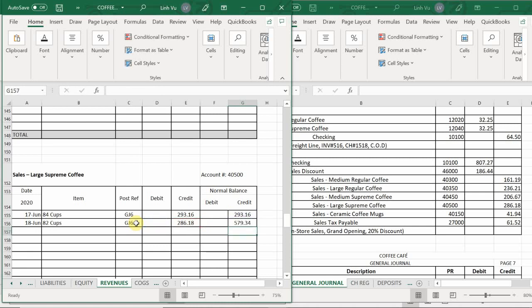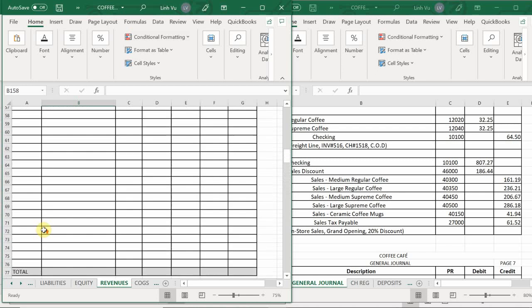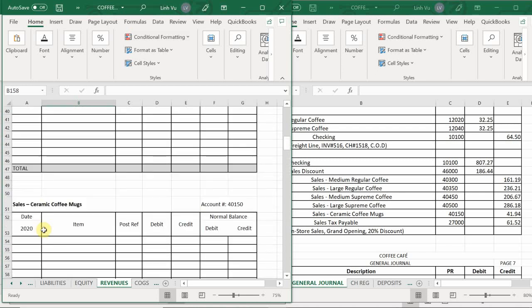579.34. Fine. Good. The ceramic we have now. So here you go, ceramic coffee mugs. How many coffee mugs did we sell?